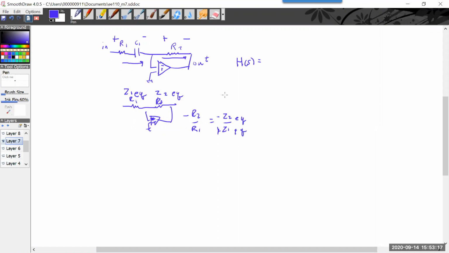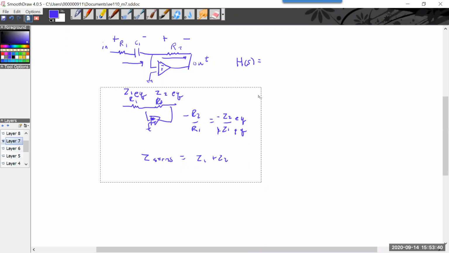So you haven't really had to learn anything new. Z series is just Z1 plus Z2, whatever's in series, and Z in parallel is just regular parallel combinations.